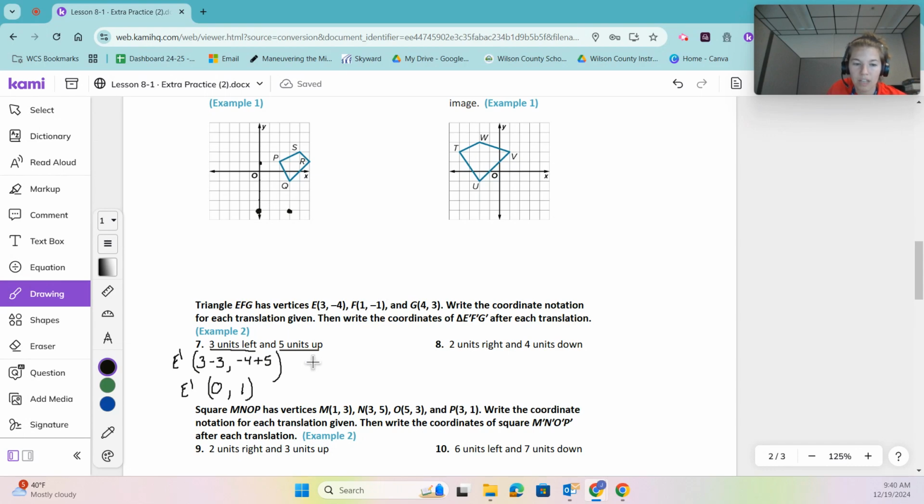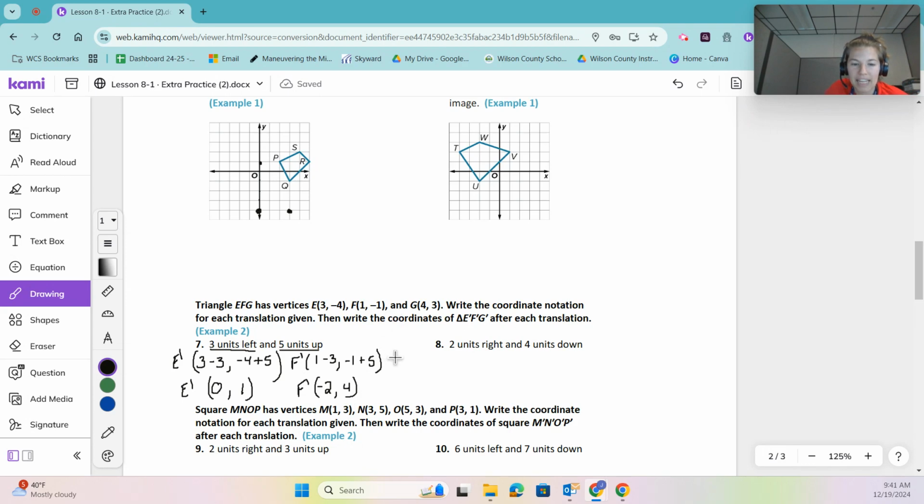So for F, again, I'm going to do 1 minus 3 because I'm going 3 units to the left, and -1 plus 5 because I'm going up 5 units. 1 minus 3 is -2, and -1 plus 5 is +4. So my F prime becomes -2, +4.